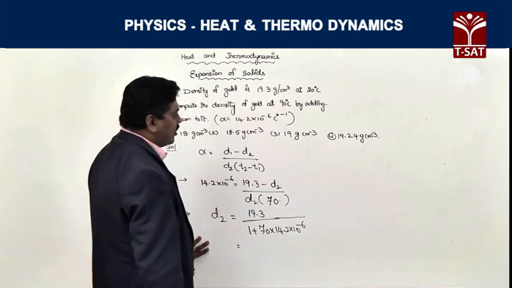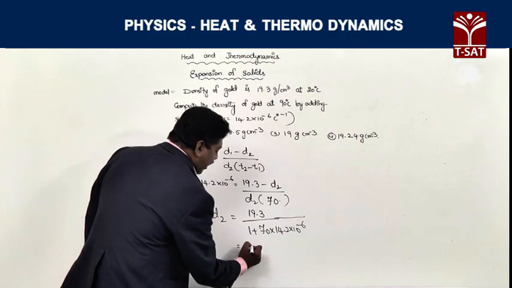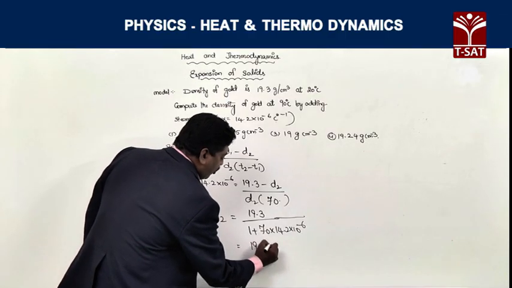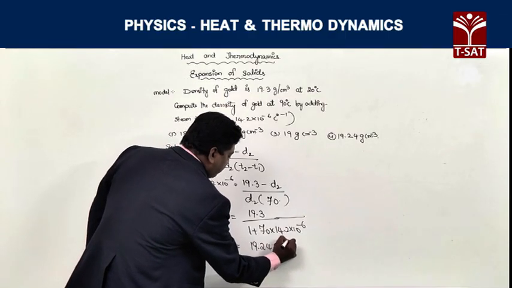On simplifying this part, we have the value as 19.24 gram per cubic centimeter.